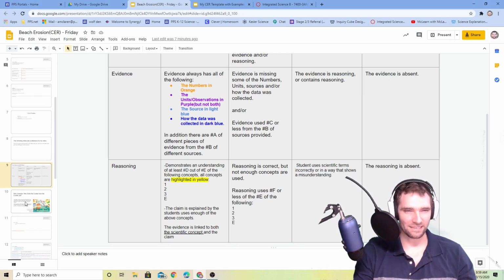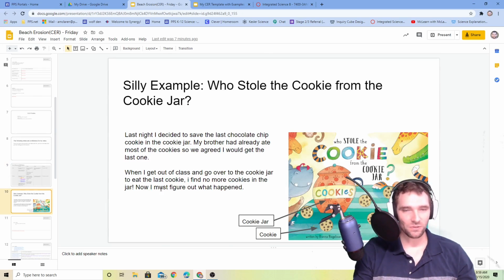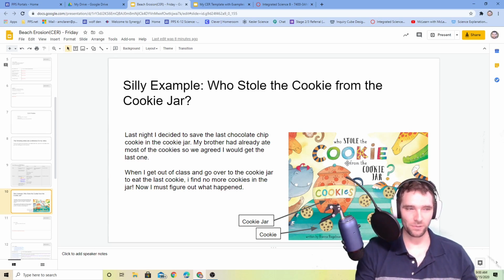With this kind of silly example, it doesn't really make sense for the reasoning, but the evidence works pretty well. If you've never read this story about who stole the cookie from the cookie jar, it's a classic kids story in America. If you're not familiar, in America, there are these things called cookie jars. They're often in kitchens, and when people bake cookies, they often put them in the cookie jar, and it seals them, so it makes the cookies last a little bit longer if it's a good cookie jar.